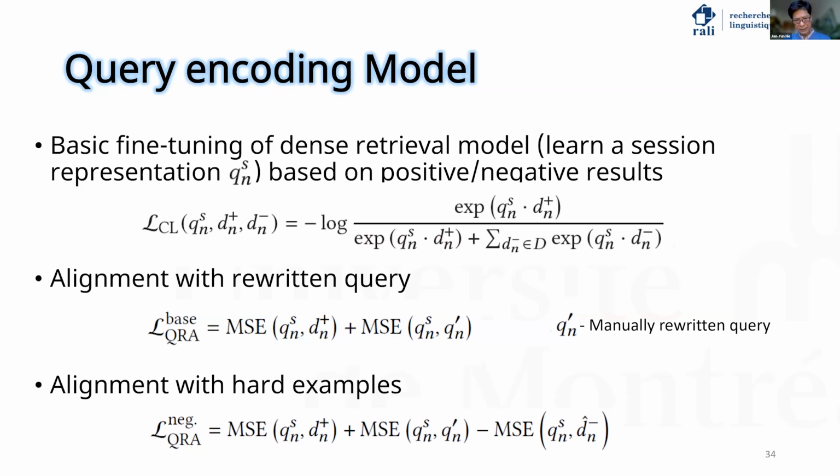That is, we try to create a session query representation, which will be used for search, by minimizing the distance not only with the positive document, but also with the rewritten query. Suppose that we have a manually rewritten query, and this can be used as a supervision signal. And we also incorporated a step of selection of hard examples. That is, we want to be close to the relevant document, but far away from the hard negative documents.